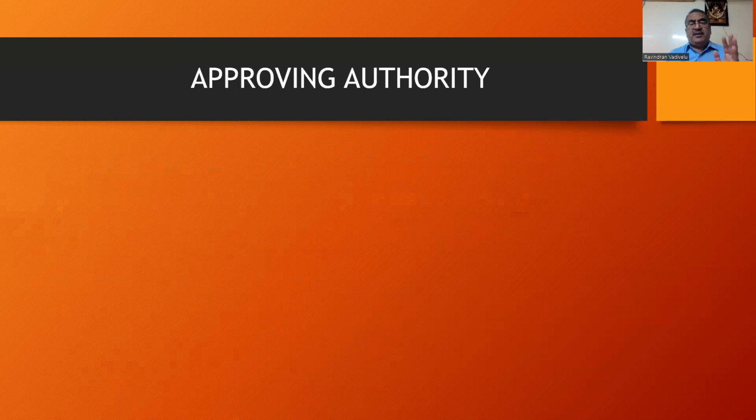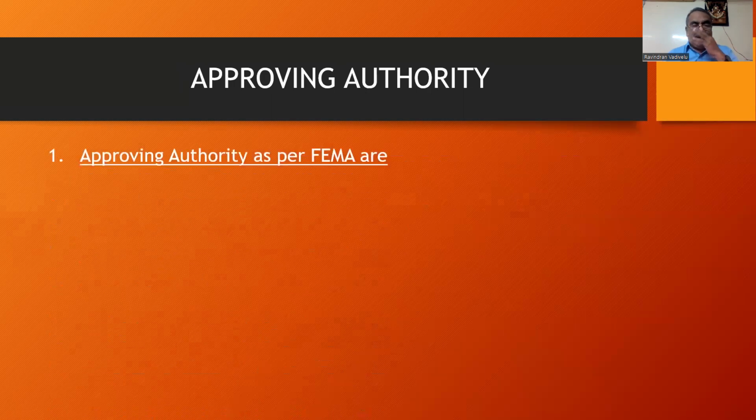Before going to the next part of the presentation, we'll see who the approving authority is and what their roles are. Approving authorities are approved persons under FEMA, the Foreign Exchange Management Act. They are the Exim Bank, that is, Export Import Bank, or the authorized dealers. Who are authorized dealers?